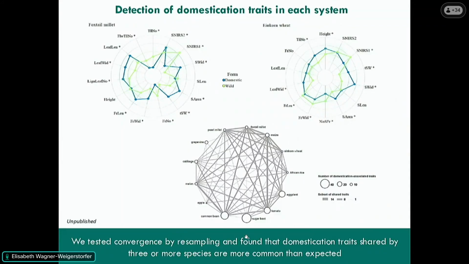So we tested for convergence by resampling and found that domestication traits shared by 3 or more species are more common than expected. So in other words, we found statistical evidence for convergence of traits, meaning that there's a tendency for the same set of traits to have been selected over and over in different species, even very distantly related species.